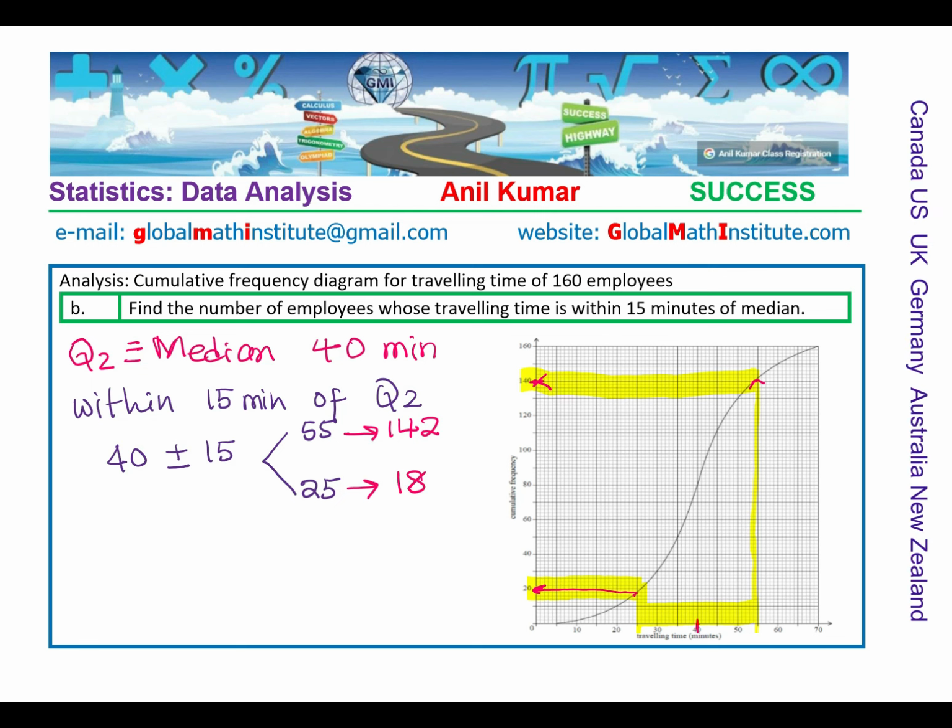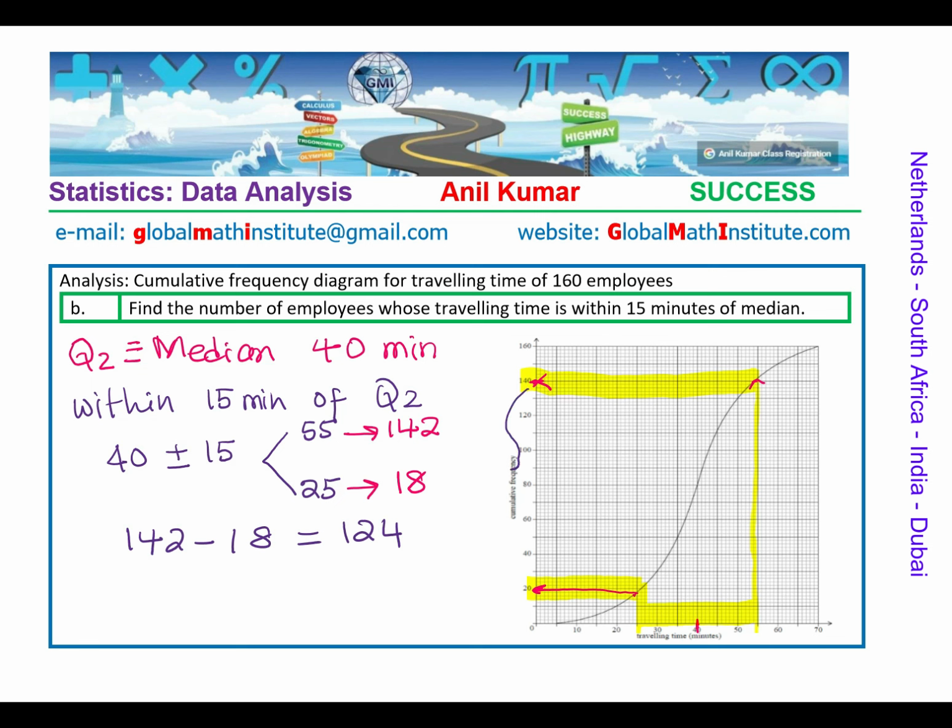And therefore, the employees within will be 142 minus 80, right? And that gives you 124 employees. Makes sense? So within 15 minutes of median, we have 124 employees as shown here. So these are the employees in between. Is that clear to you? Right? So that is how we have to answer part B of this particular question, right?